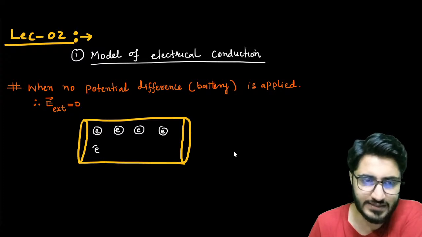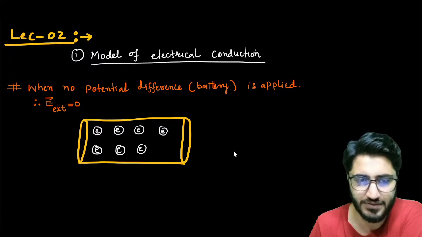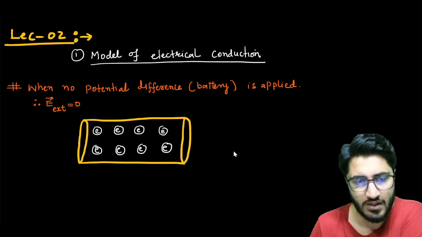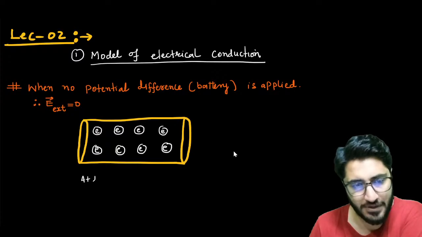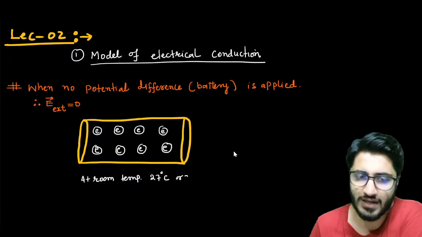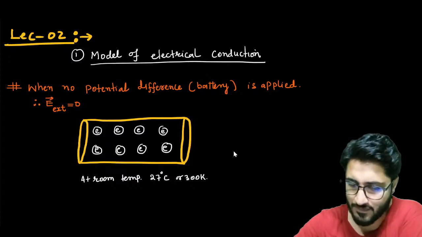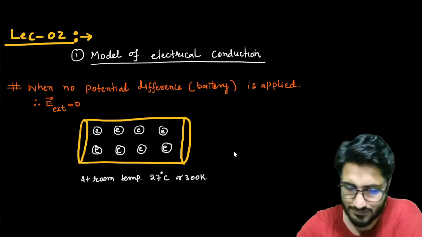And we are discussing the behavior of this conductor at room temperature. Room temperature simply indicates 27 degrees centigrade or 300 Kelvin.